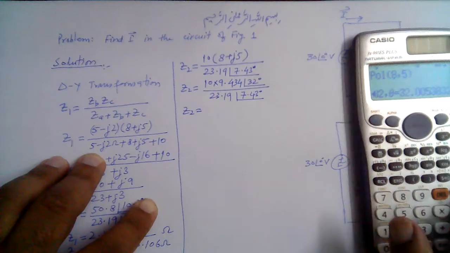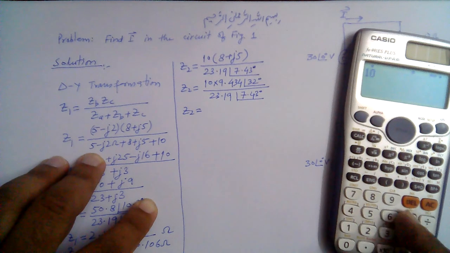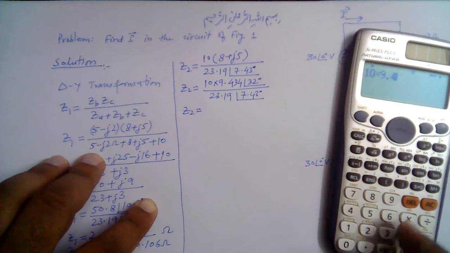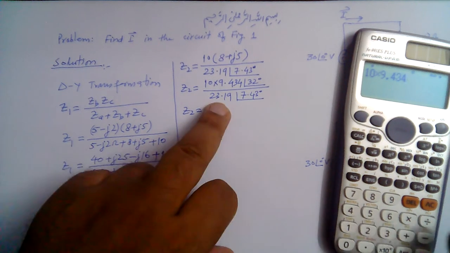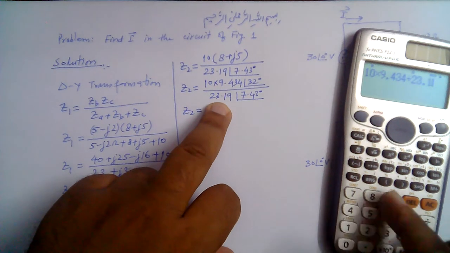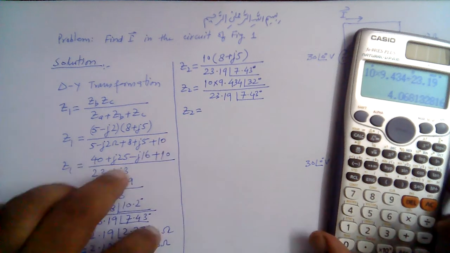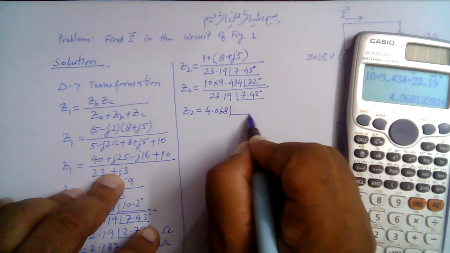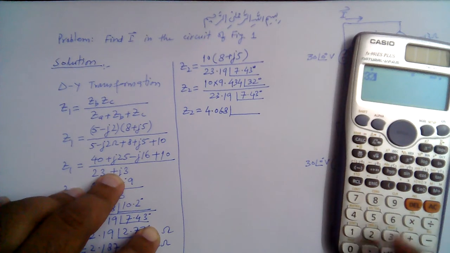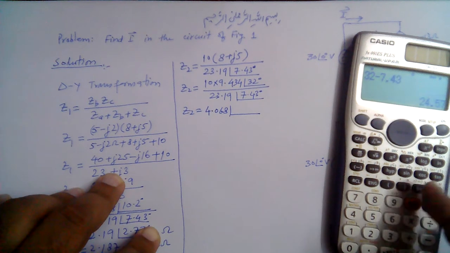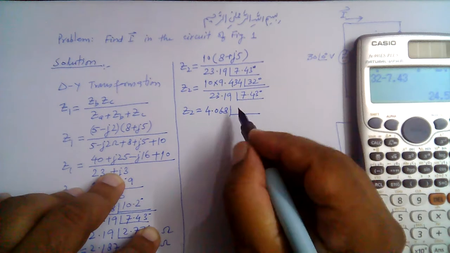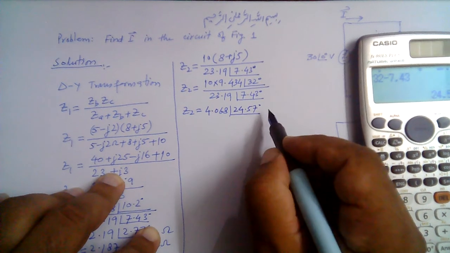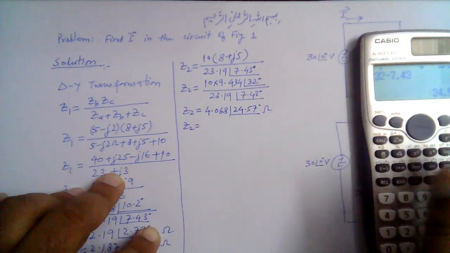So Z2 is equal to 10 into 9.434 divided by 23.19, and that is equal to 4.068, and the angle is 32 minus 7.43, and that is 24.57 ohms.